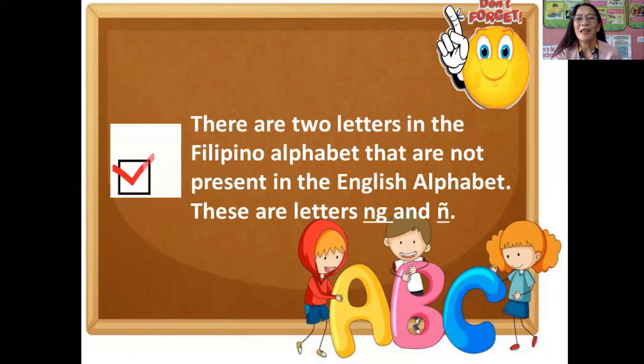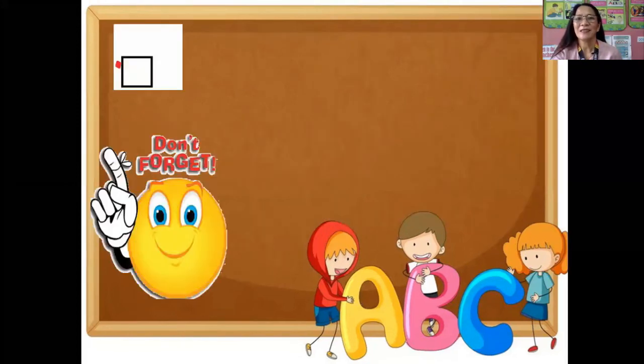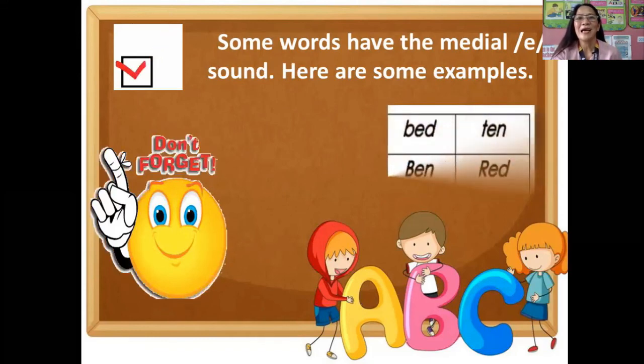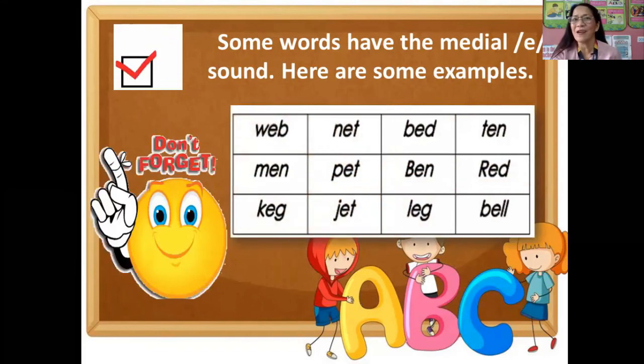These are letters NG and Ñ. Don't forget, some words have the medial E sound. Here are some examples. Let us read this together.